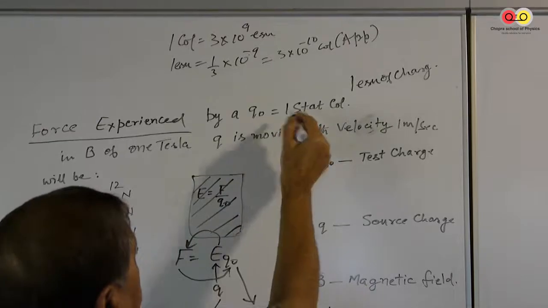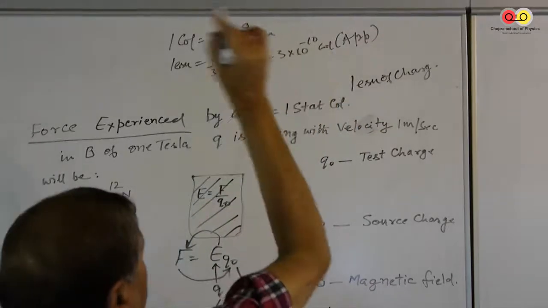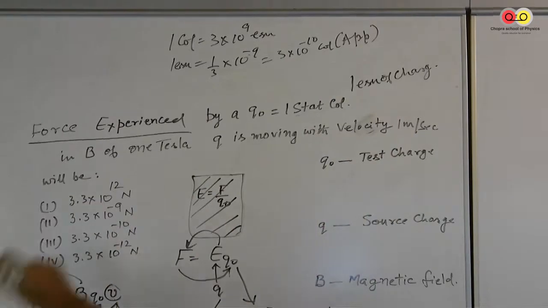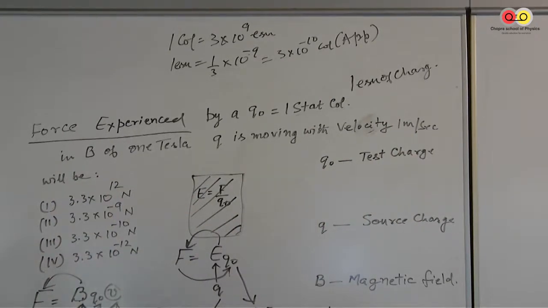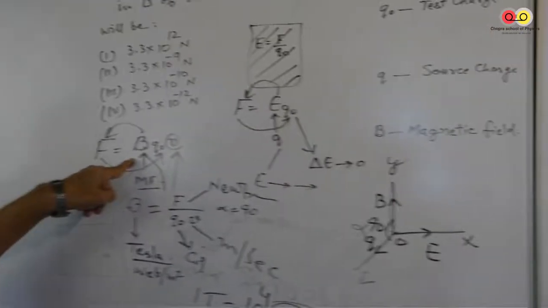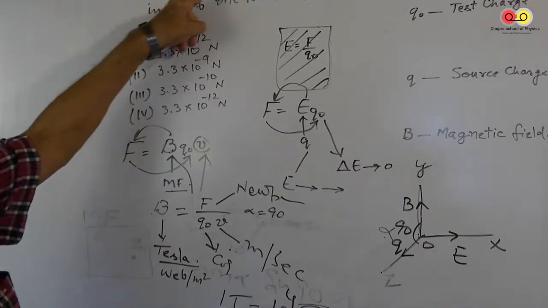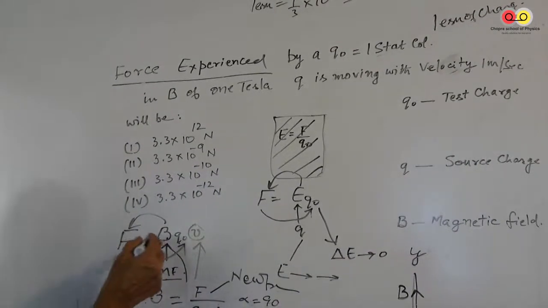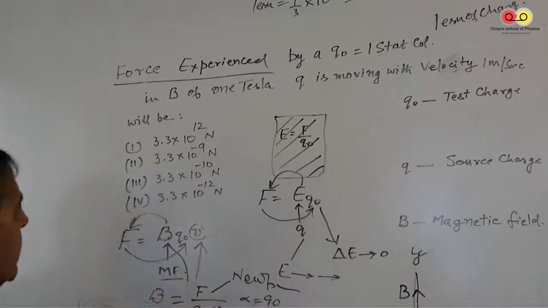So what is the value of 1 stat Coulomb? This one. And Q is the moving charge, speed is this one. Magnetic field is 1 Tesla. Now apply this formula. Because our question is the force experienced by a test charge of 1 stat Coulomb, this many coulombs. So for B, we will put 1 Tesla.